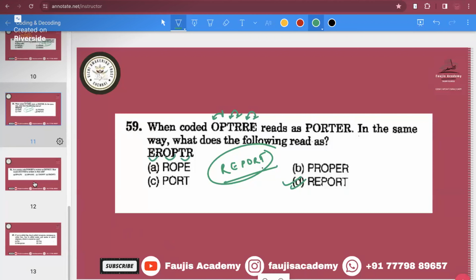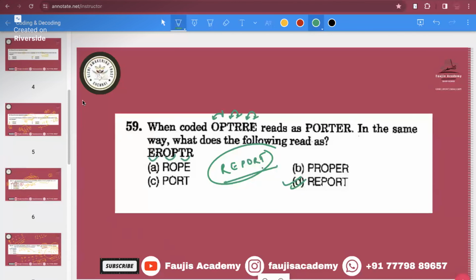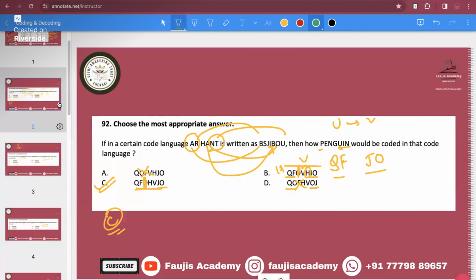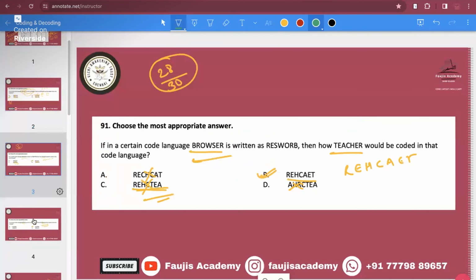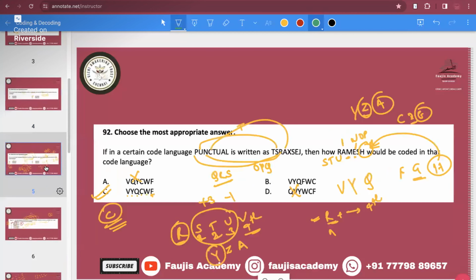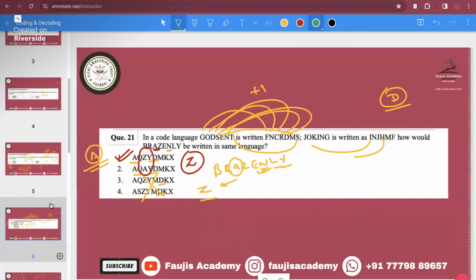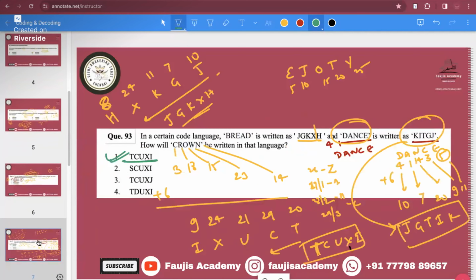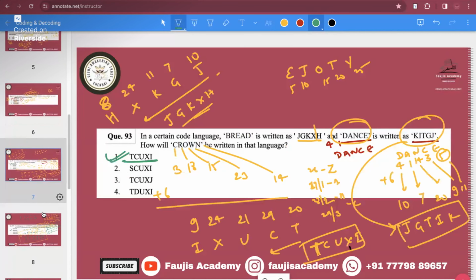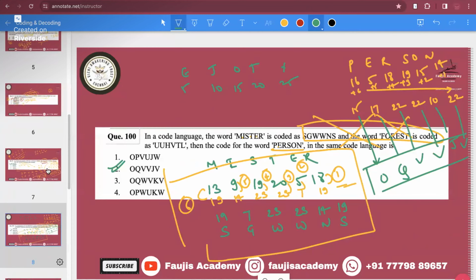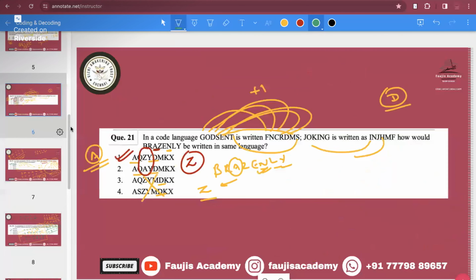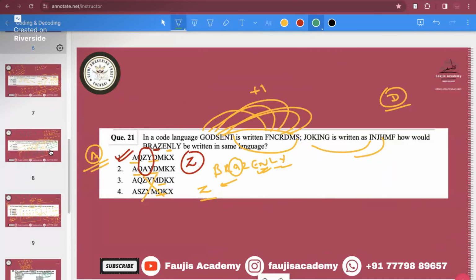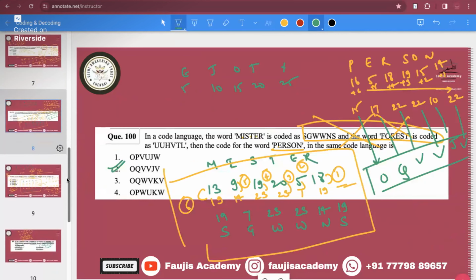A few of the questions will be tough, but these are all very old AFCAT question papers. The recent ones you won't get. Only these 4-5 questions I have taken from model test papers.